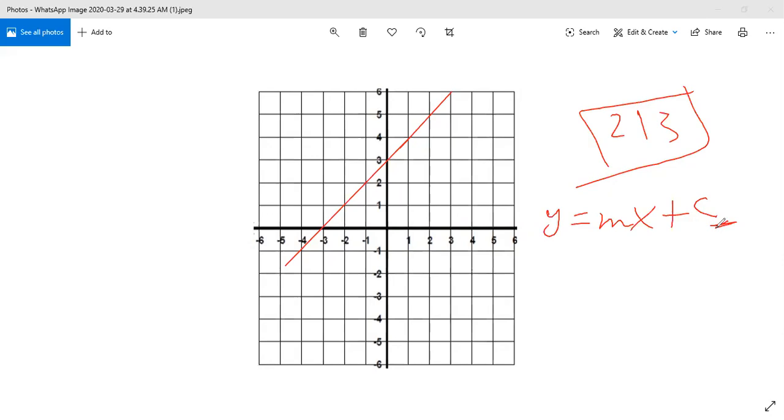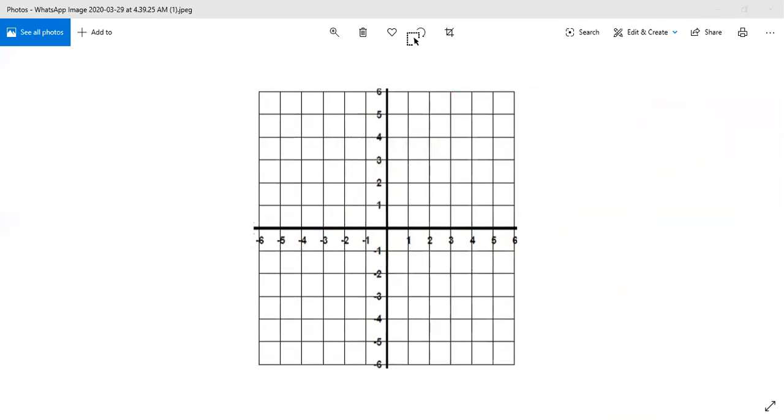Hussein, can you find m and c? Let's start with c. C here equals what? 1. C equals 1. Very good. So y equals mx plus 1. Where did you get 1?